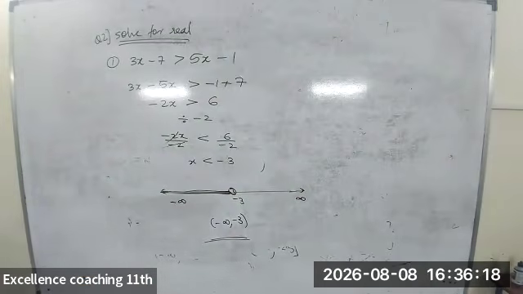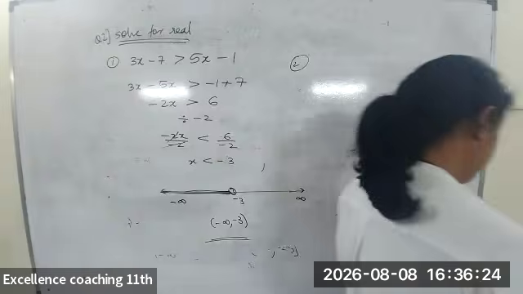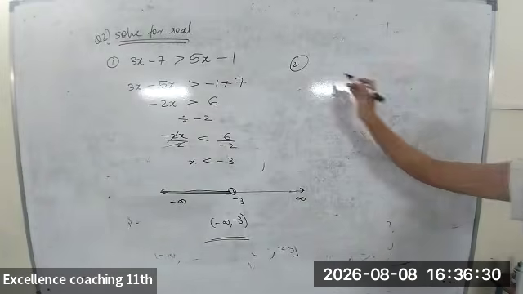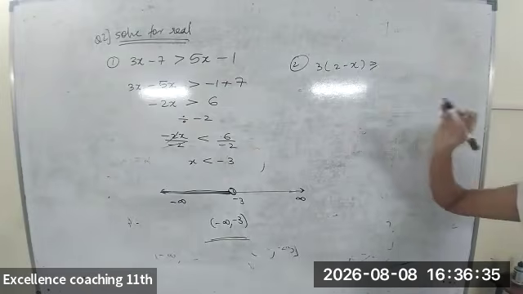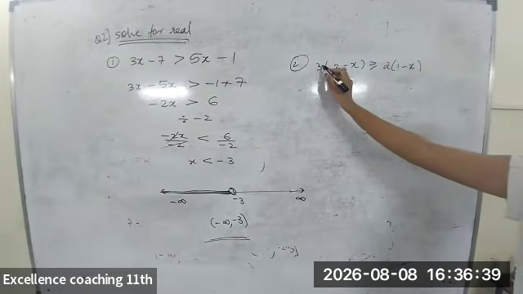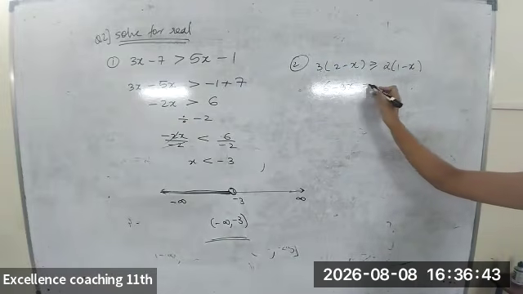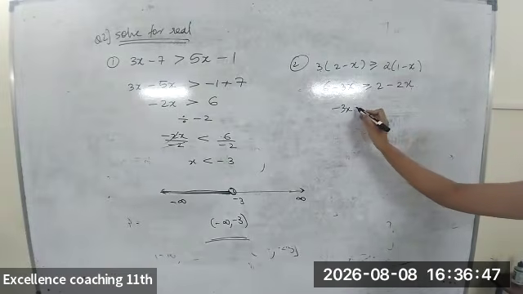So the second one we will do and then we'll stop. Do the second one as the last one and we'll continue in Tuesday's class. Open up the bracket. Now, normal multiplication. Now 3 will get multiplied to both the terms. Bring x terms on the left hand side.